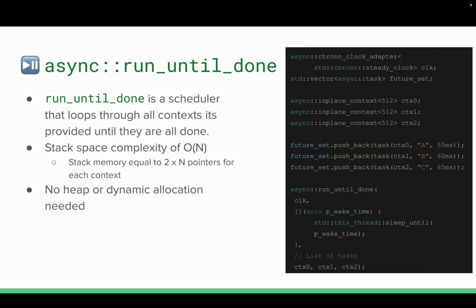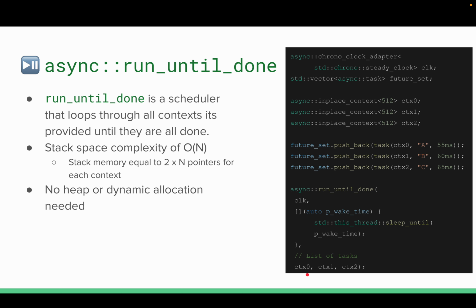All right, on top of that, I've also added a very basic scheduler function called run until done. Let's say you were building some code for a rover or a robot of some sort and you had a set of tasks. You can give your list of contexts that had the tasks on them to the run until done scheduler, and it'll do just that.